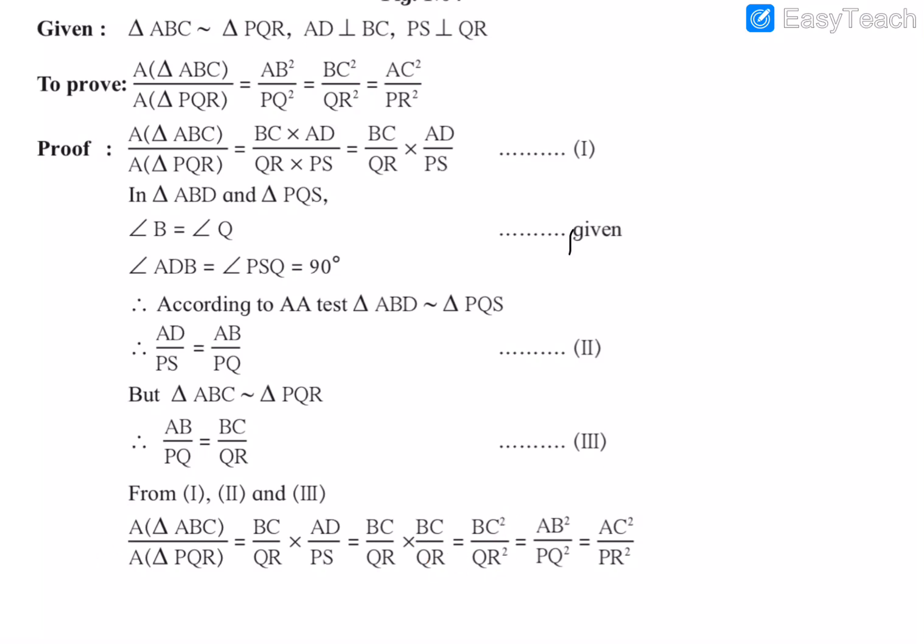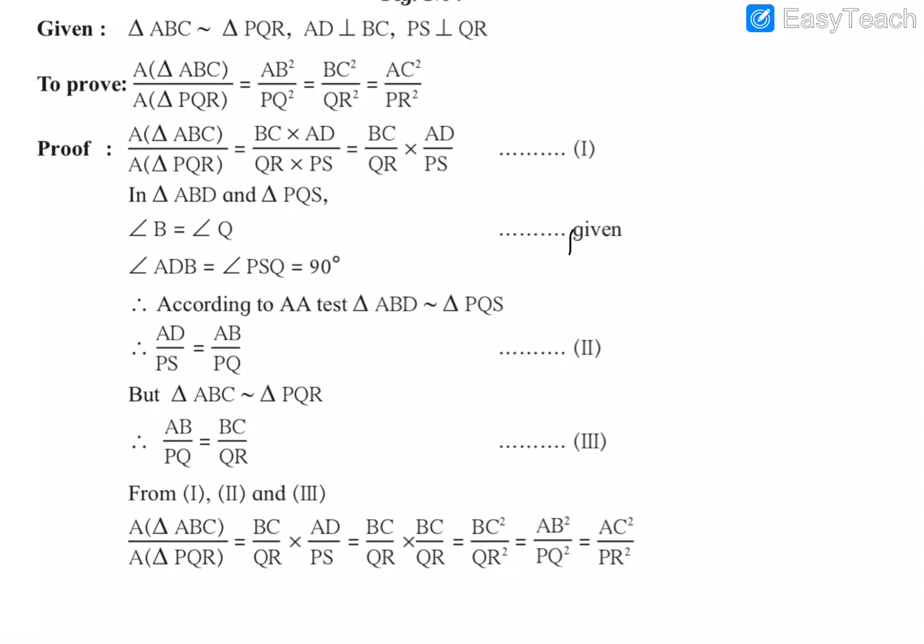In a similar way, it is equal to AB square by PQ square, equal to AC square by PR square. So we have proved the theorem: if the triangles ABC and PQR are similar, then the ratio of their areas will be equal to the ratio of the squares of their corresponding sides.